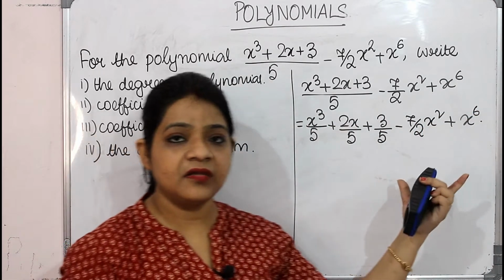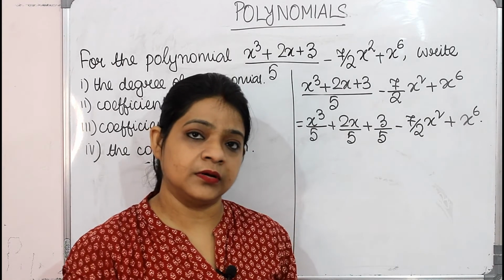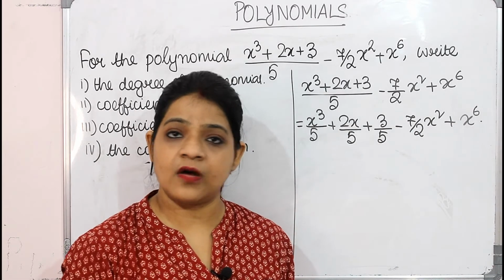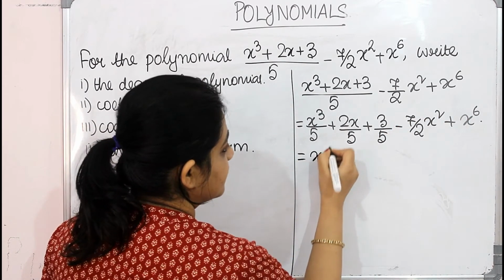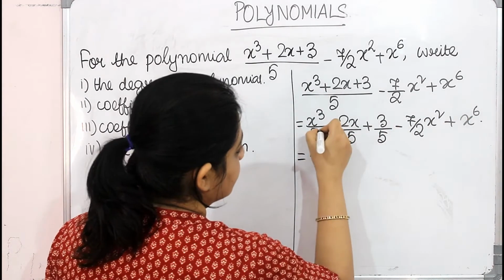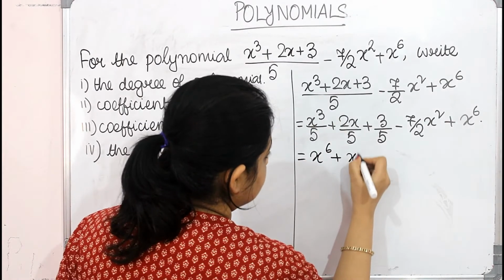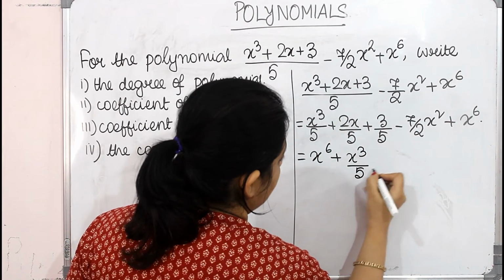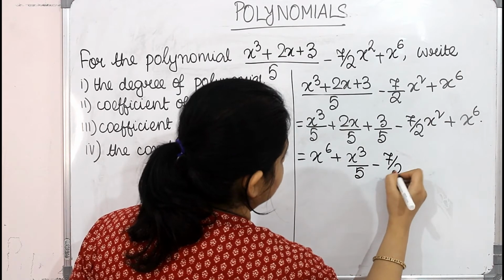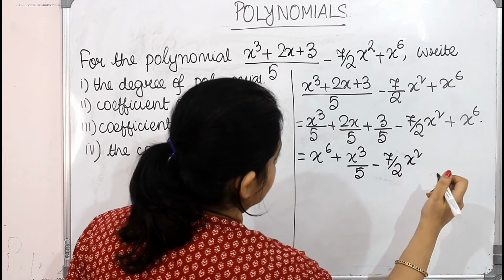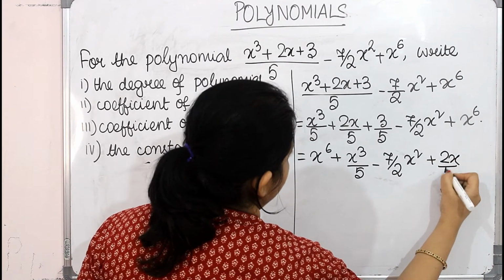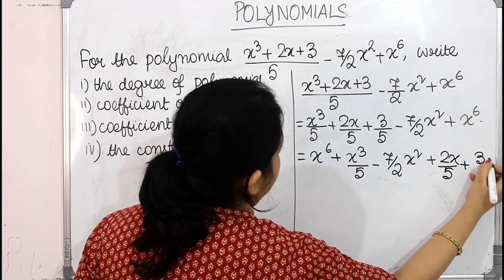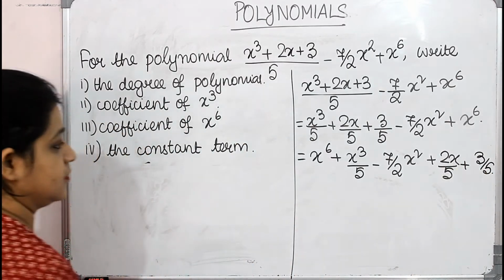Now let's rearrange it based on the ascending orders of the powers. So we will write x to the power of 6 comes first, then plus x³ by 5 minus 7 by 2 x² plus 2x by 5 plus 3 by 5 is the expression.